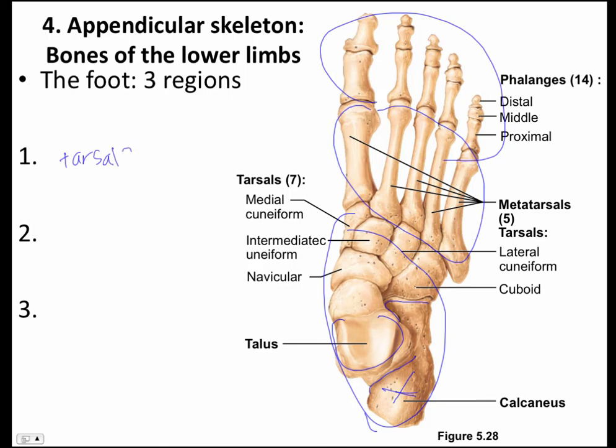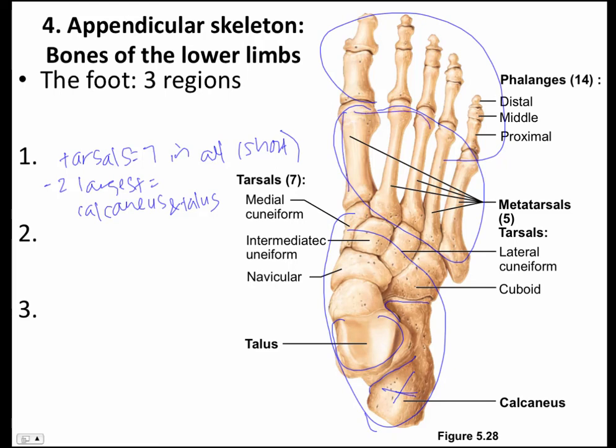So tarsals, we have 7 in all. And once again, these are short bones. The 2 largest are the calcaneus and talus. And then we have 5 metatarsals over here, comprising the soles of the foot.